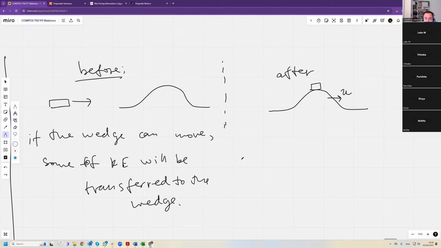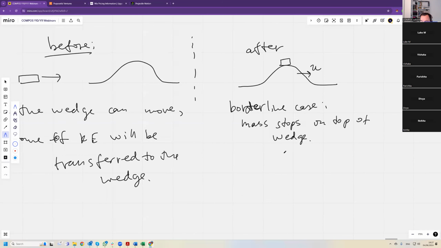In the borderline case, the mass stops on top of the wedge and they both move together.